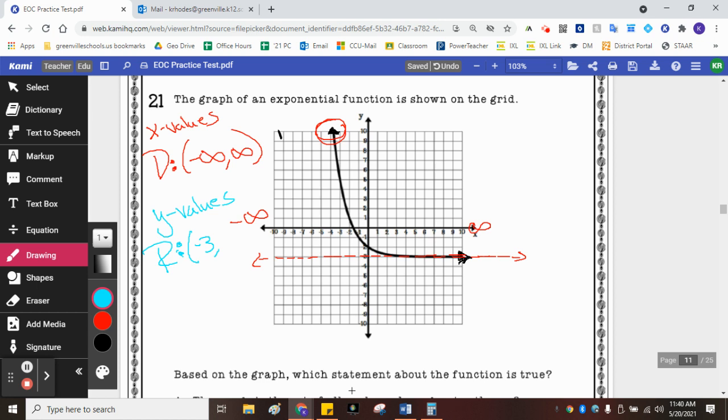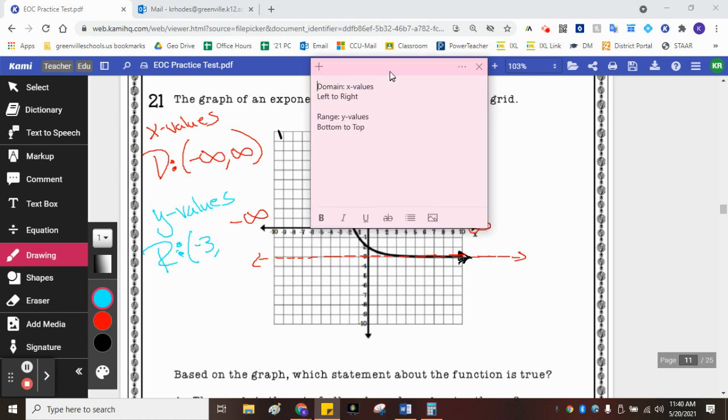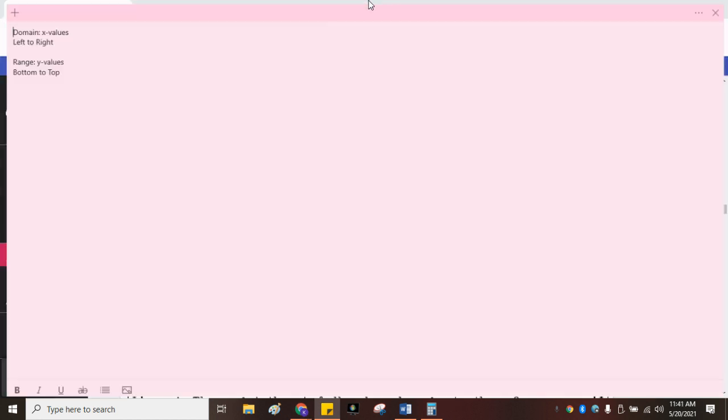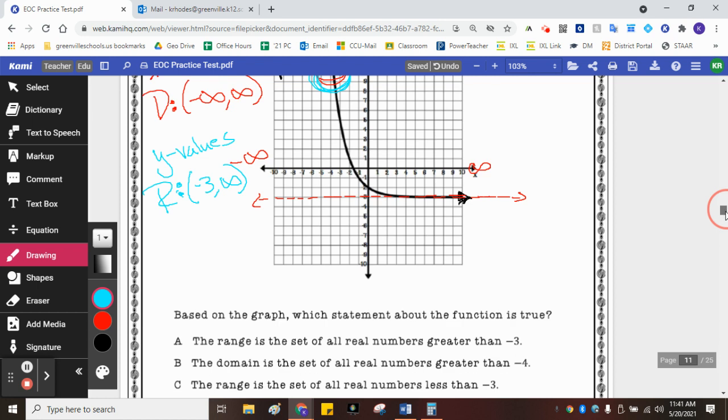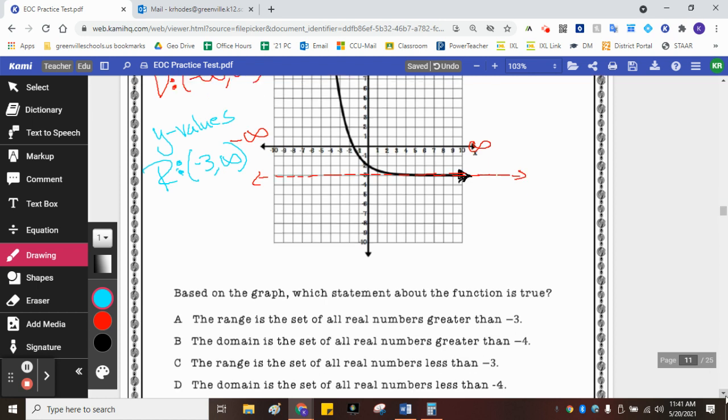So it's starting at -3 and going up forever. So from -3 to infinity, or greater than -3. So the range is the set of all real numbers greater than -3.